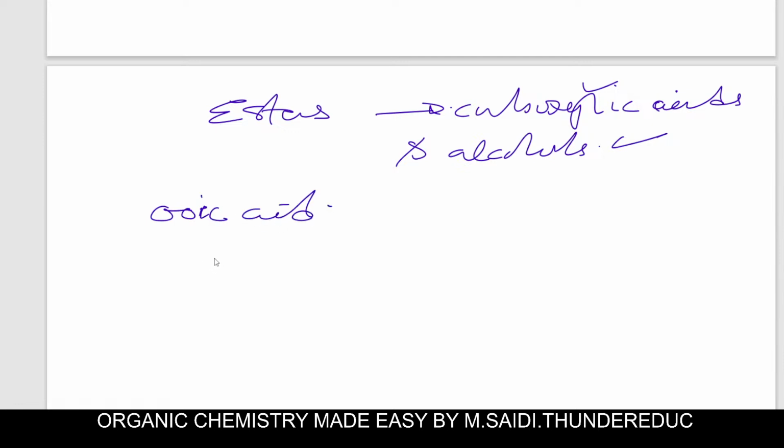Because the functional group is at the end, we don't need to show the position. It's always terminal, either at the end or the beginning, whatever. As long as it is terminal, we don't need to show the position.